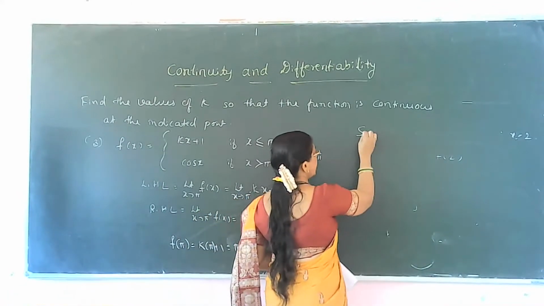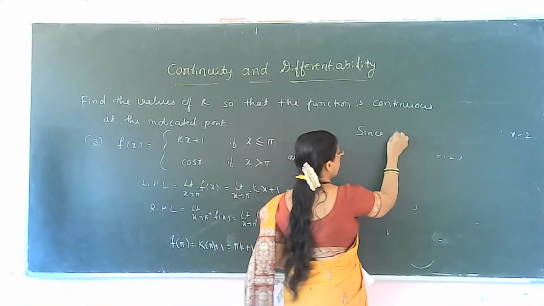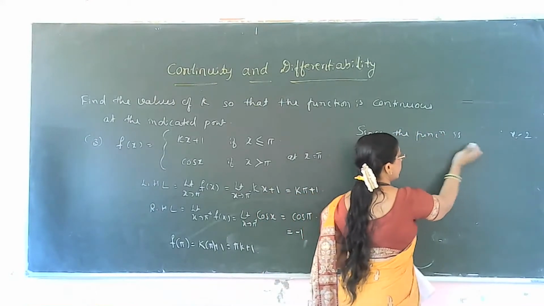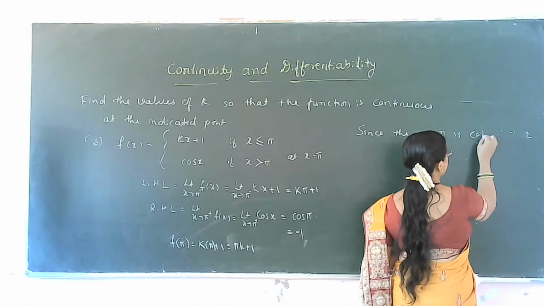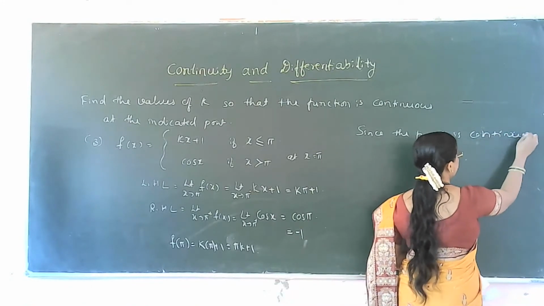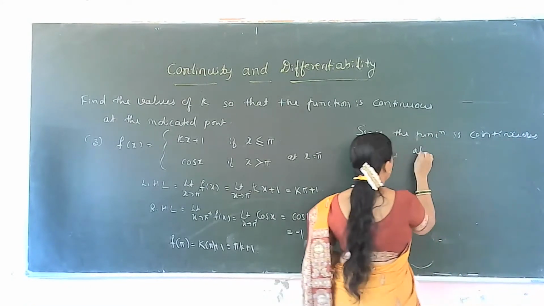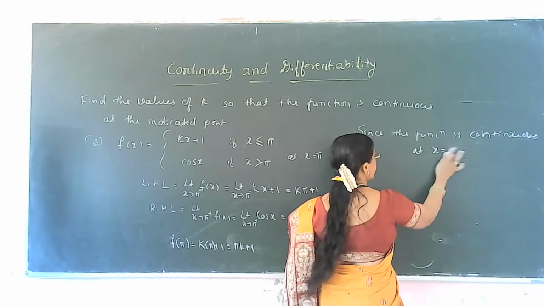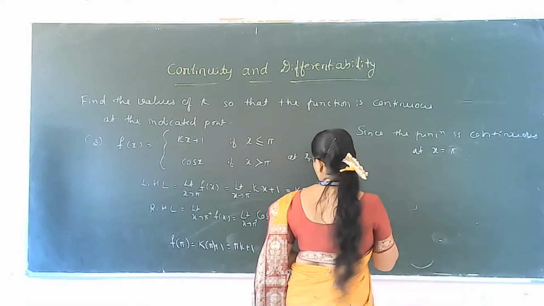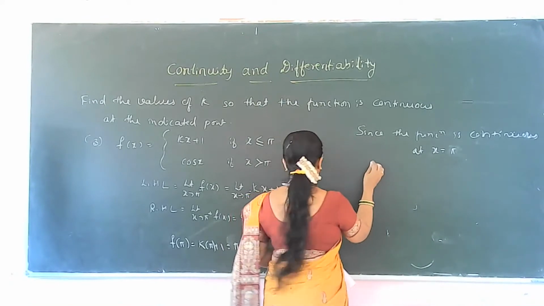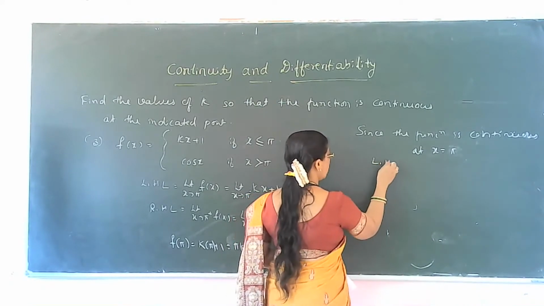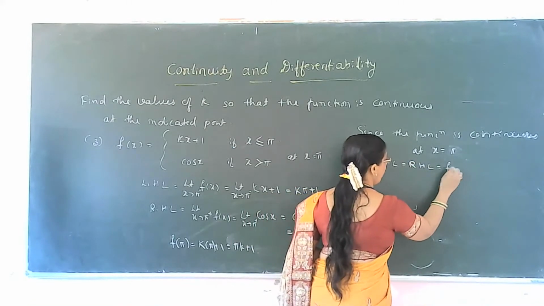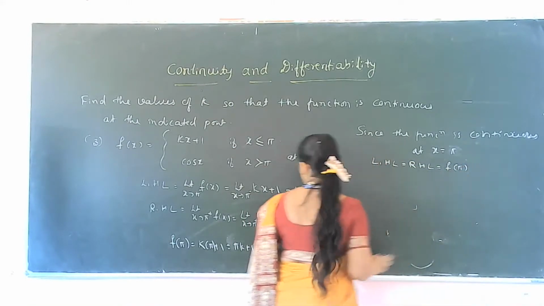Since the function is continuous at x equal to 5, then you can write LHL is equal to RHL, which is equal to f of 5.